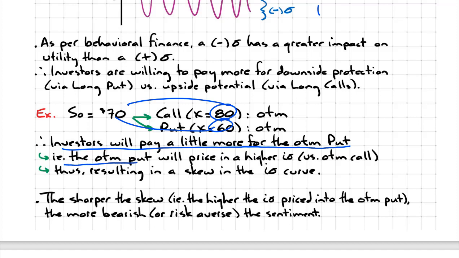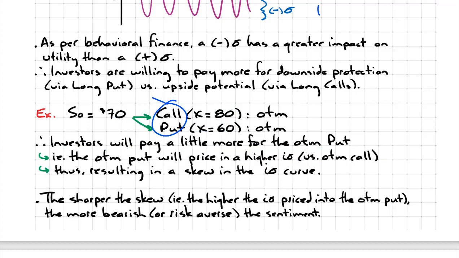So the OTM, the out of the money put, will price in a higher implied volatility relative to the out of the money call option. We have to remember the call and the put here are written on the same underlying asset. So the only thing that can differentiate the value of the call and the put is the implied volatility that's being priced in.